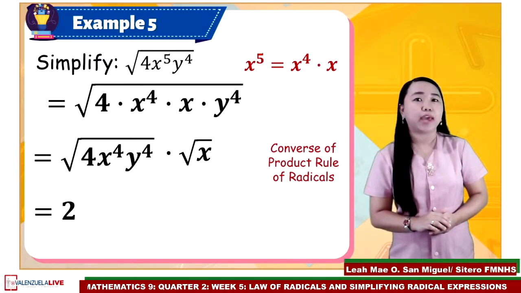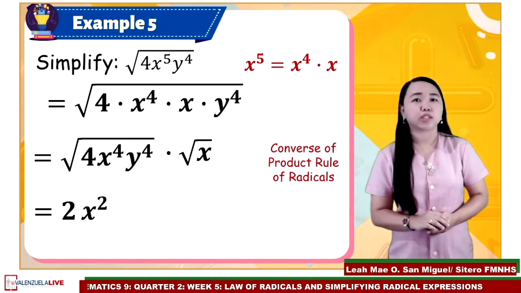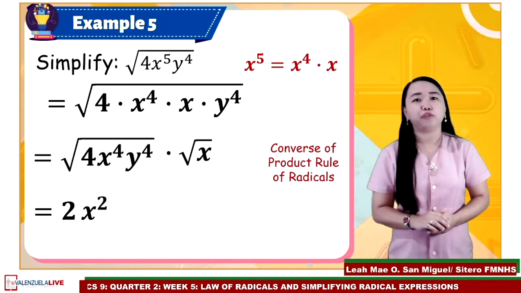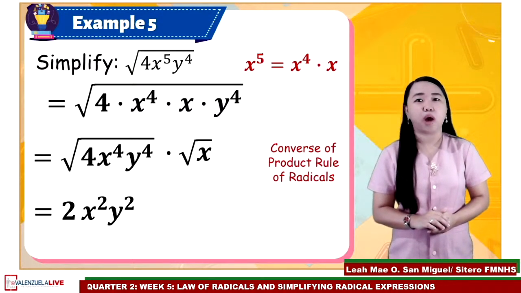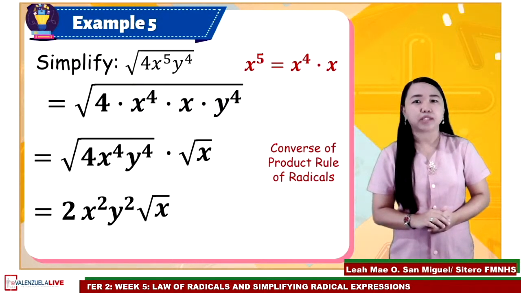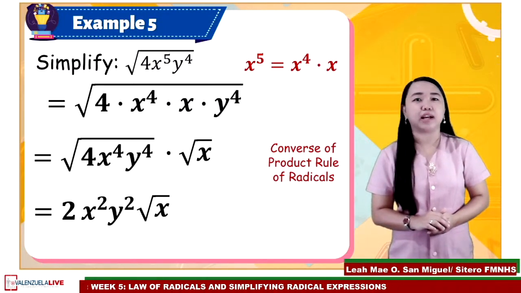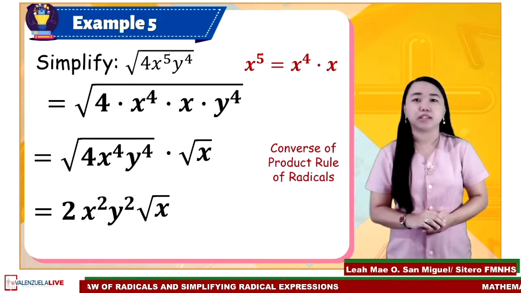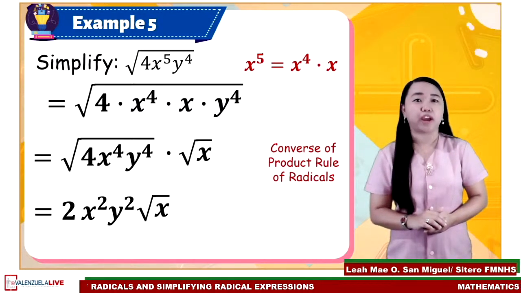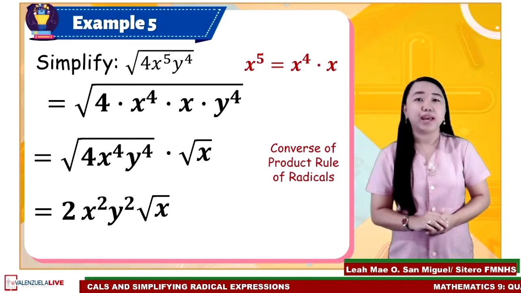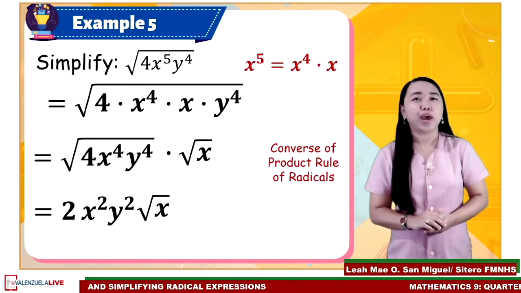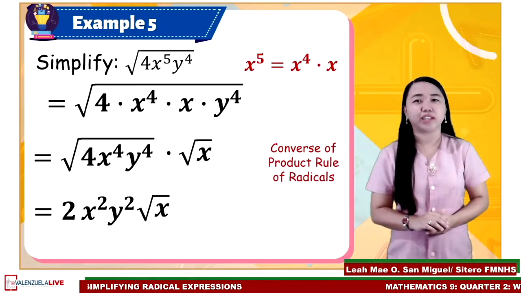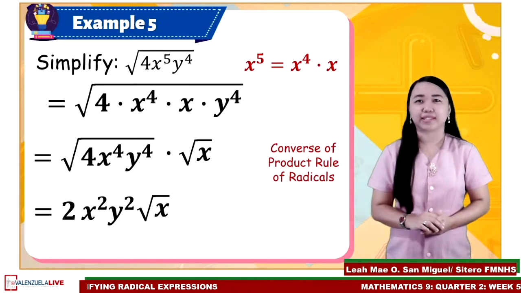Square root of x raised to 4 is x squared. And square root of y raised to 4 is y squared. X remains inside the radical since it is not a perfect square and it does not have a perfect square factor. Therefore, the answer is 2x squared y squared square root of x.